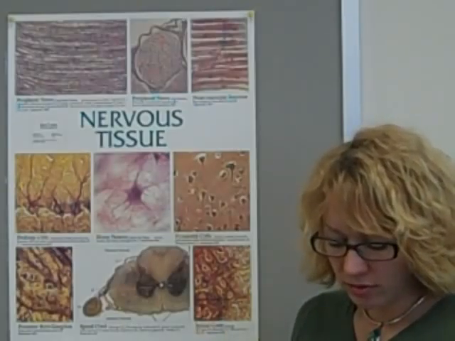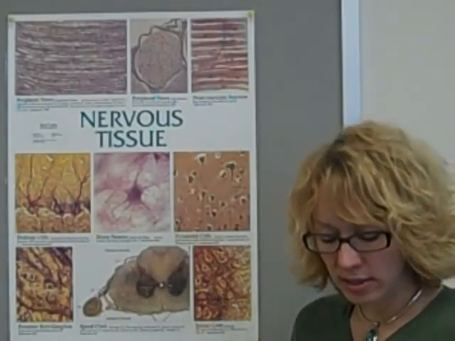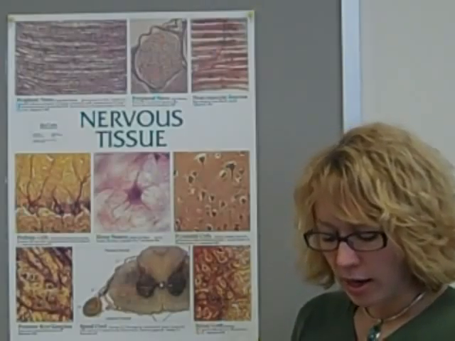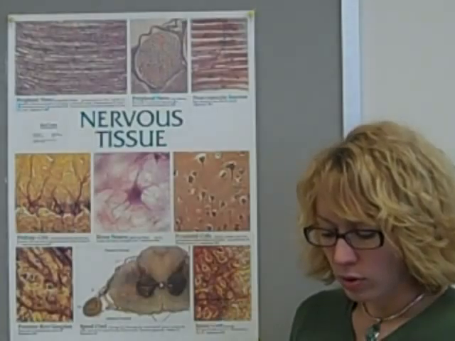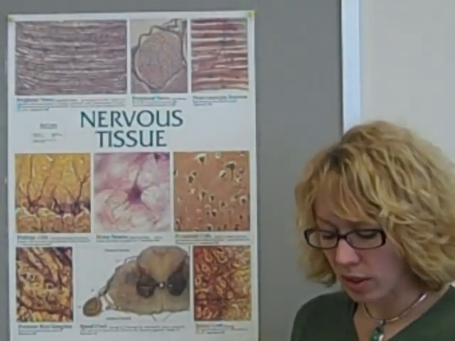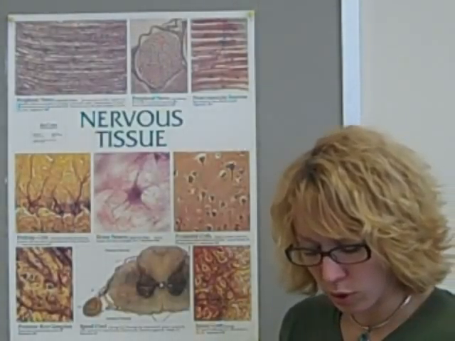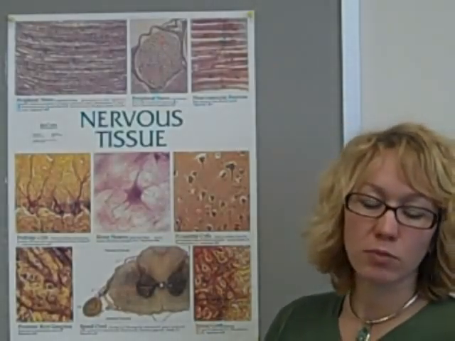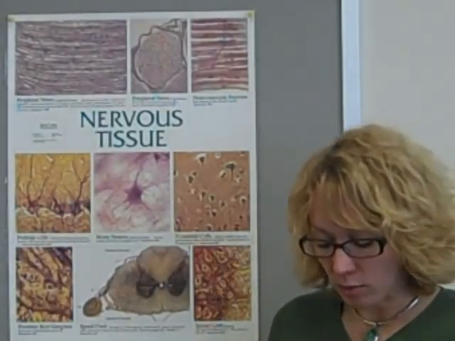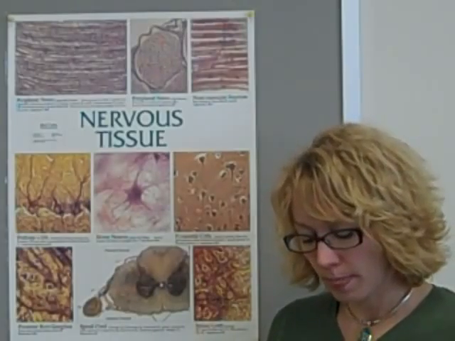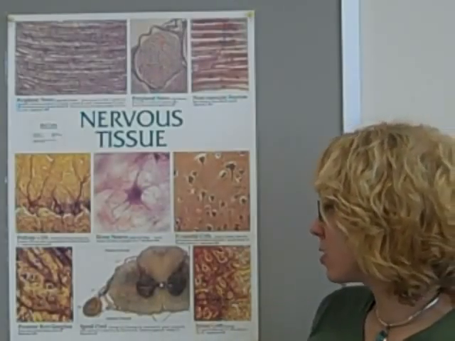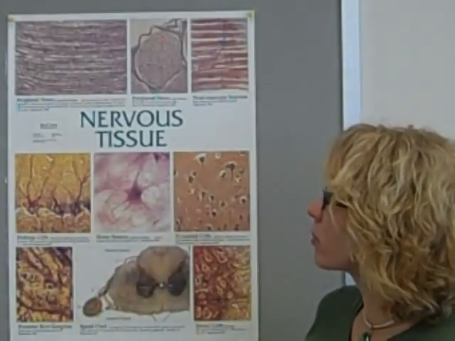So the neuron itself: cell body with a nucleus, dendrites carrying things towards the cell body, and axons carrying things away. The neuron can have more than one axon, but typically we think of 1 or 2 axons per neuron. And they might communicate with other neurons, or they might communicate with muscle or some other tissues of the body.